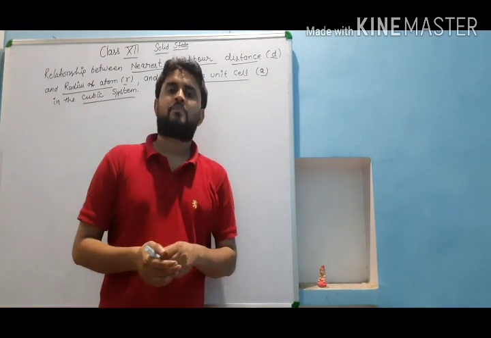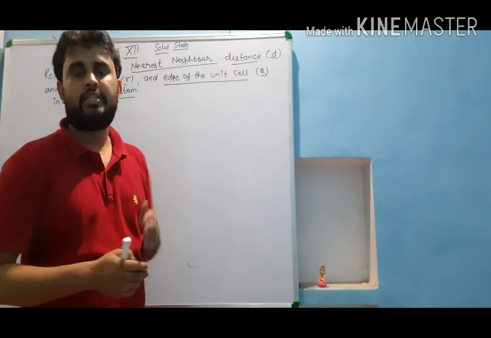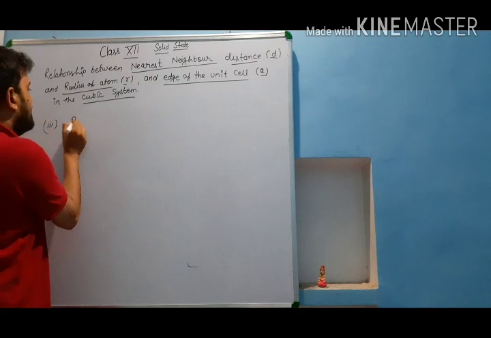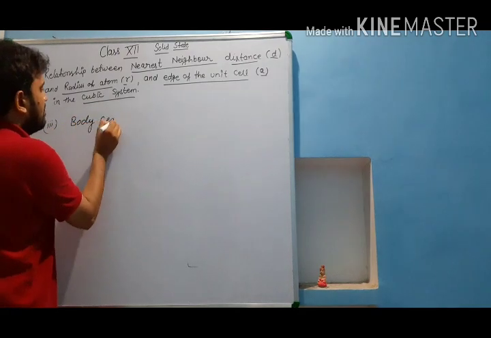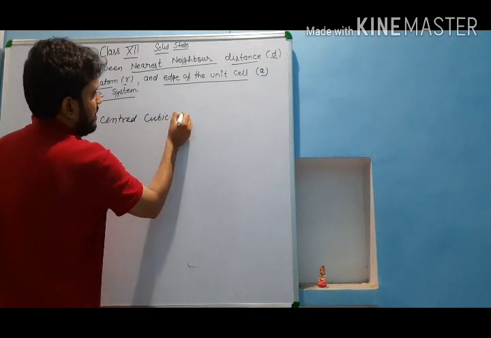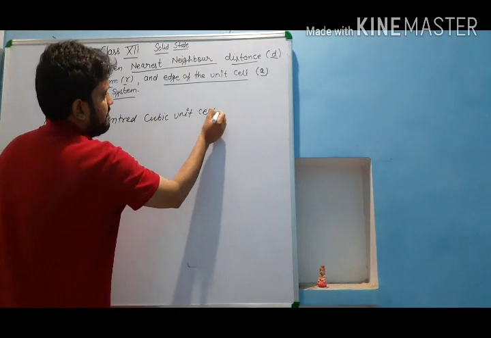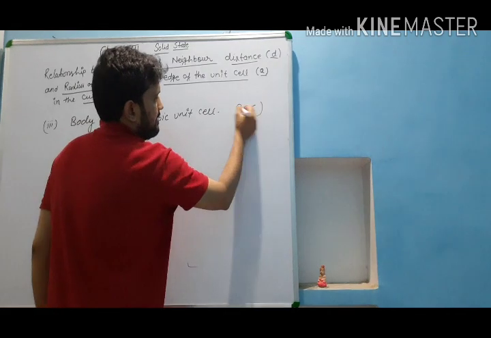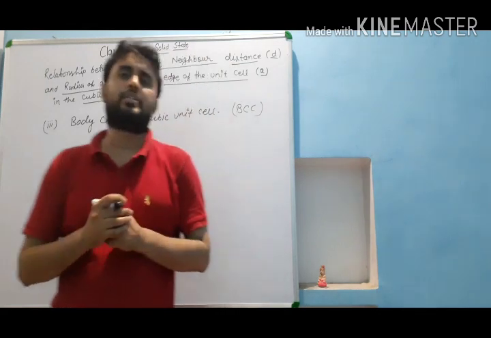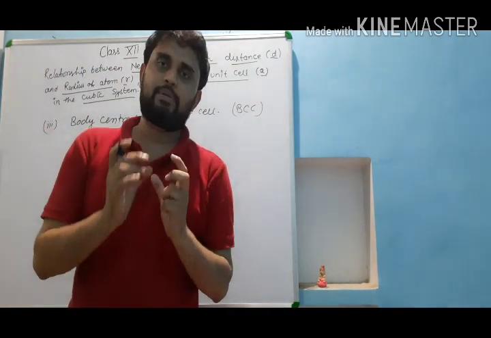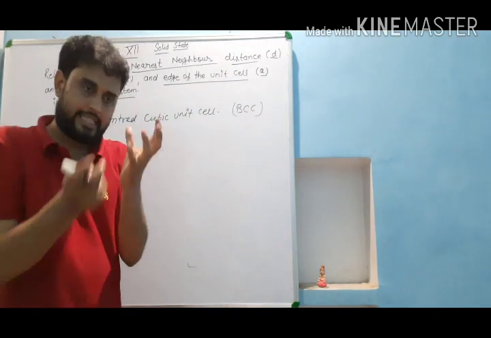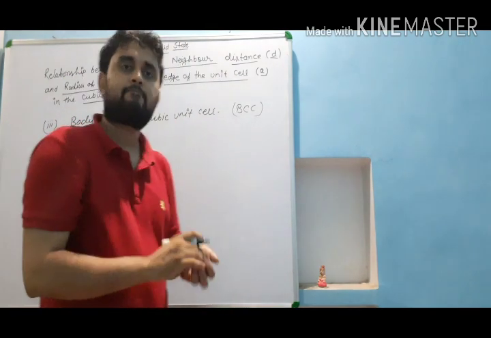Now we discuss our third type of cubic unit cell, that is the body-centered cubic unit cell, BCC. In the case of a body-centered cubic unit cell, the constituent particles are present at all 8 corners as well as the center of the unit cell.